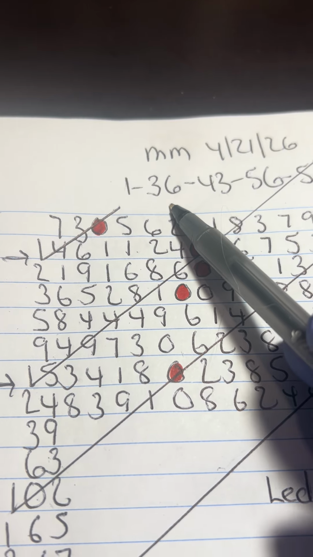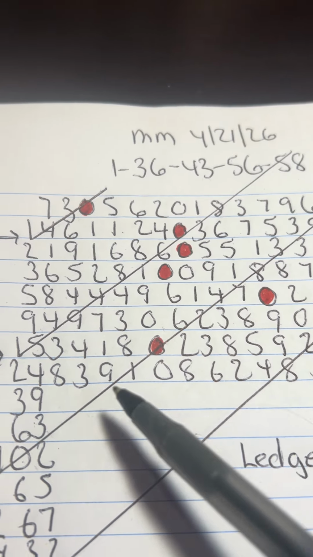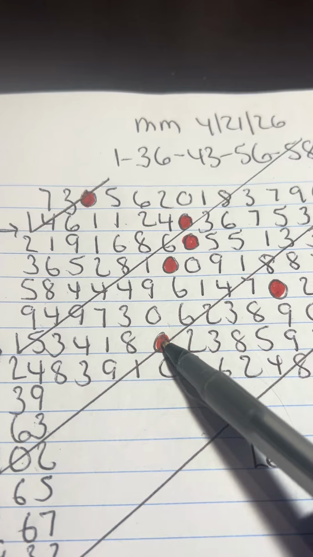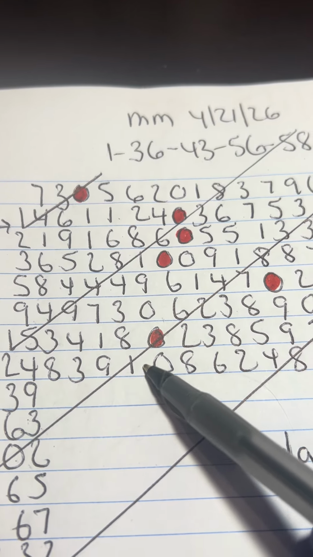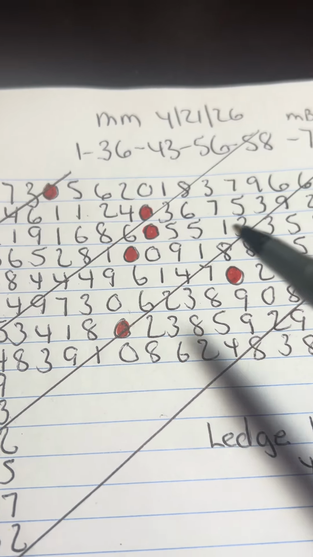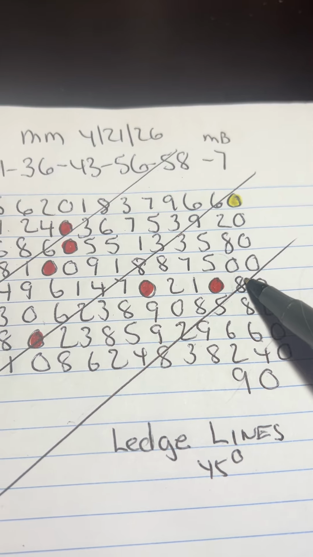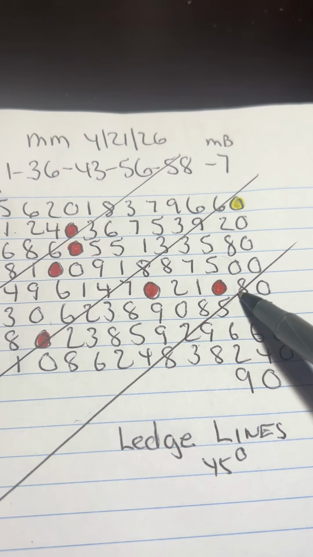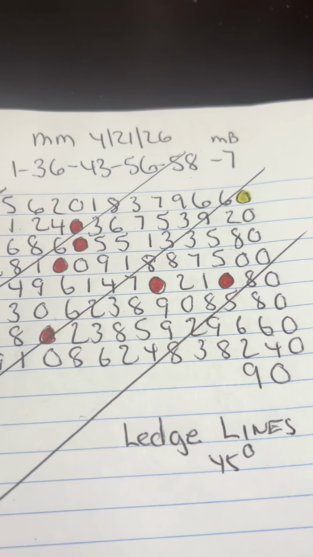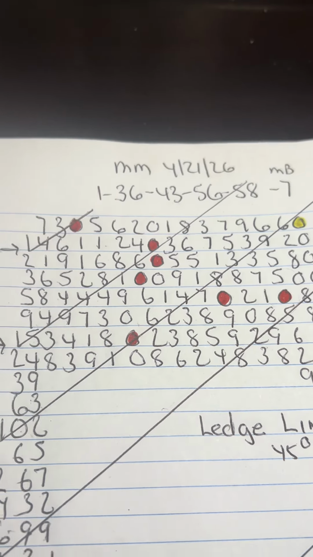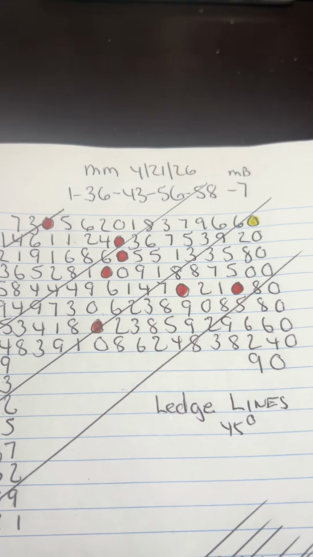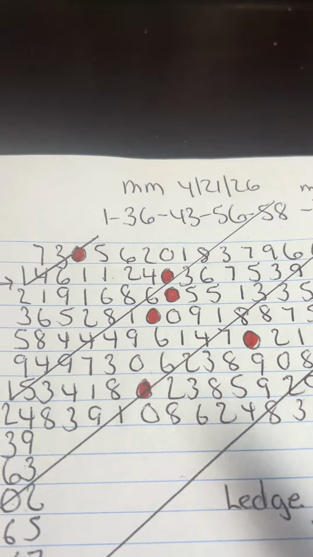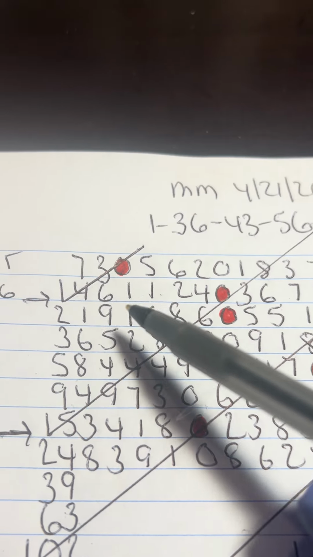Okay, that was another number, okay? This line, no good. The 1's here. Okay, this line here, right through the 5 and the 8. Okay, right through the 5 and the 8. So you can use the ledge lines.